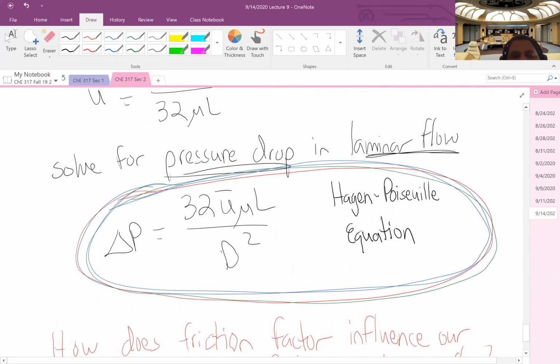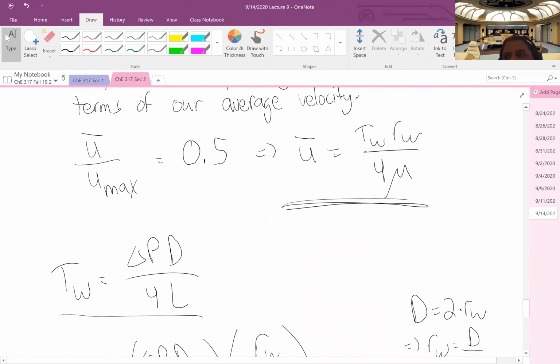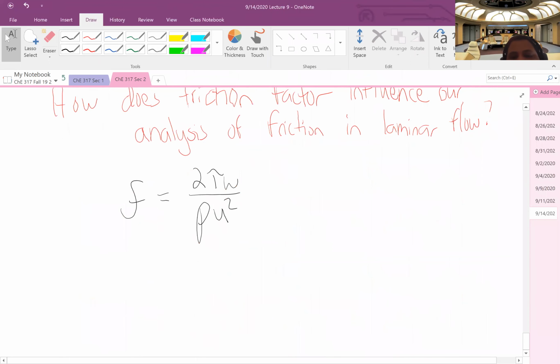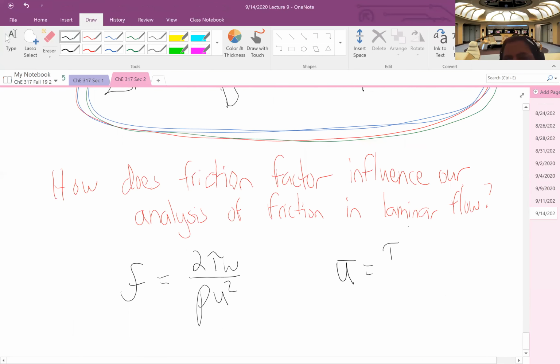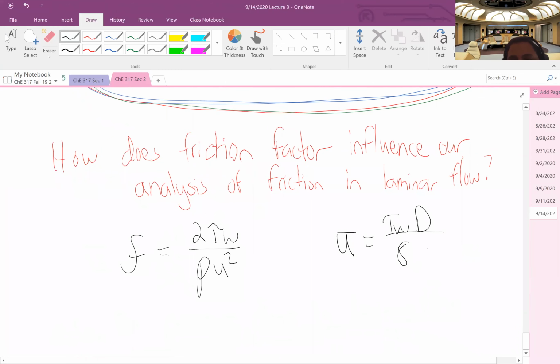So if we go back a minute and take a look at our expression that we had for velocity as a function of shear stress, U equals tau W RW, which I'm just going to call D over 2, so it would be 8 mu. And we can combine these two to eliminate the shear stress.